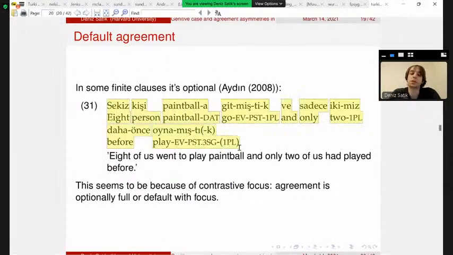So let's try to figure out what's going on here. 8 kişi paintball'a gitmiştik ve sadece ikimiz daha önce oynamıştık. Seems okay, right? Well, I pronounced that with the first person agreement marker. So let me do it without. 8 kişi paintball'a gitmiştik ve sadece ikimiz daha önce oynamıştı. What do you guys think of that?